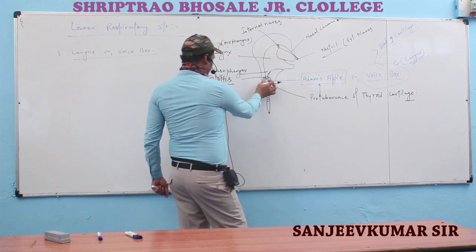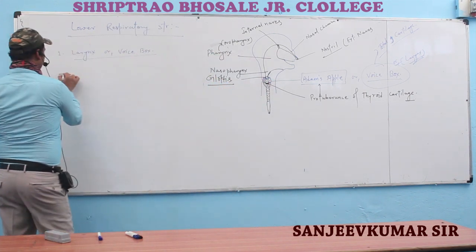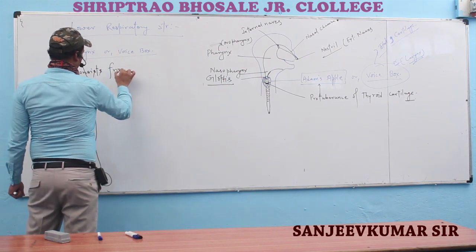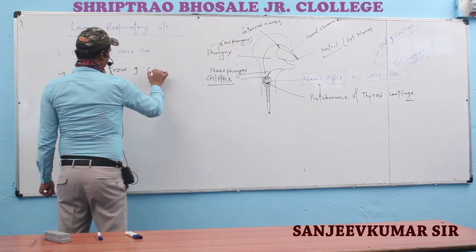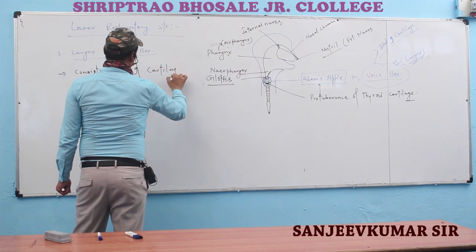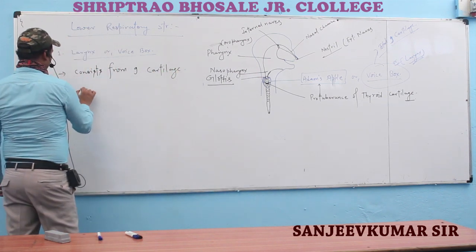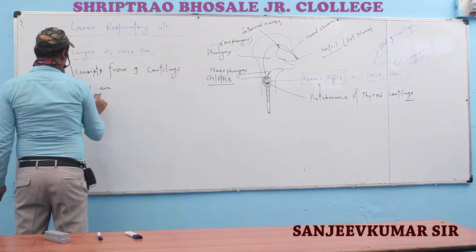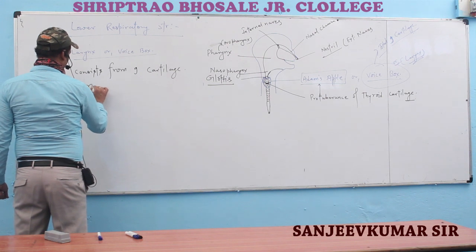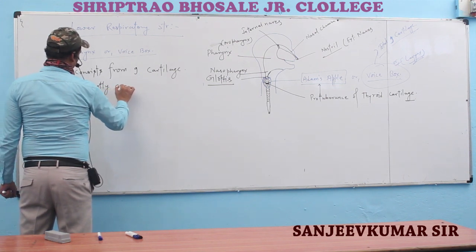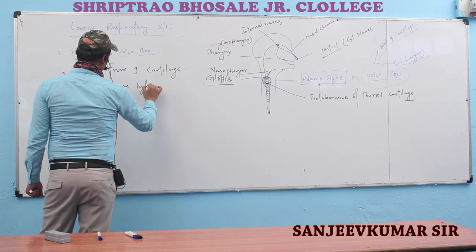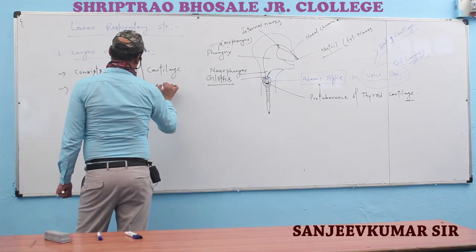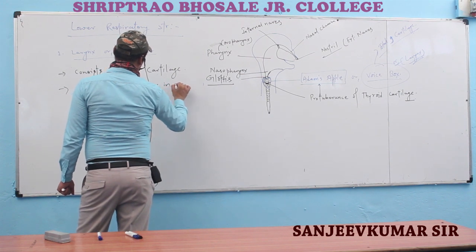So the voice box consists of 9 cartilages. Mostly all are hyaline in nature.